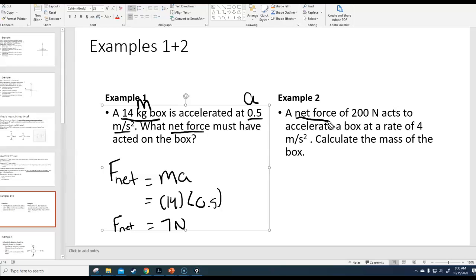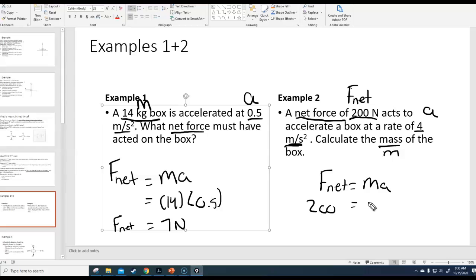Example 2. A net force of 200 newtons, so of course this is a given, so this is F net, acts to accelerate a box at a rate of 4 meters per second squared. Remember, nothing has units of meters per second squared except acceleration. And we're asked to calculate the mass of the box. Of course these first couple examples are meant to be very, very easy, just to get you familiar with Newton's second law.